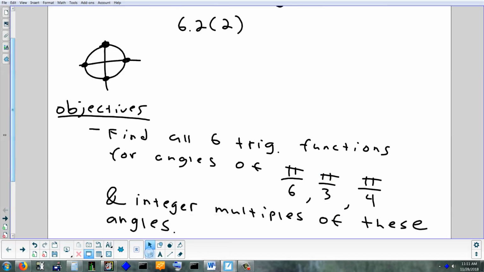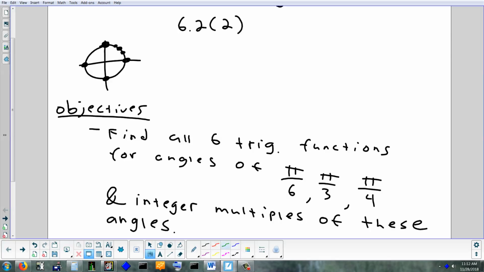So that would be 45 right there. 30 would be down there. 60 would be up there. So it's kind of like those 3 points clustered in the central part of quadrant 1.